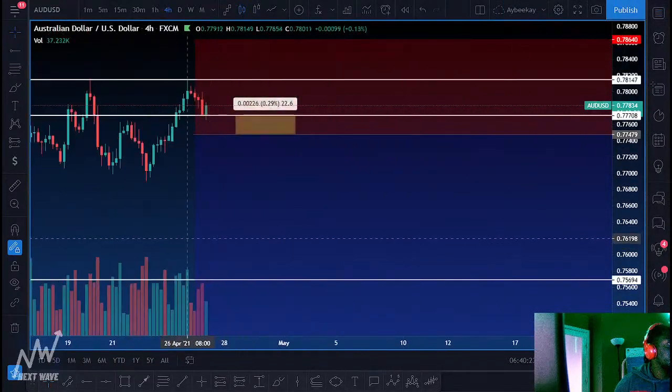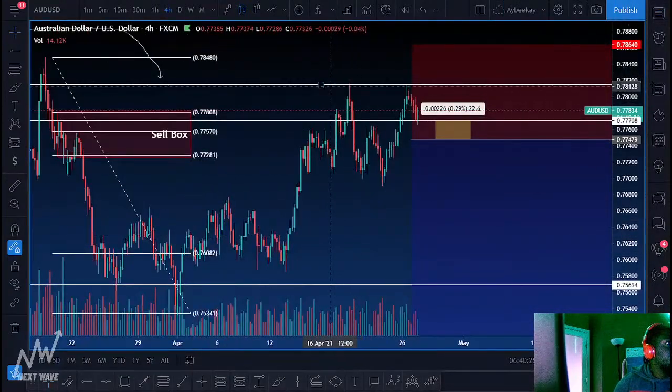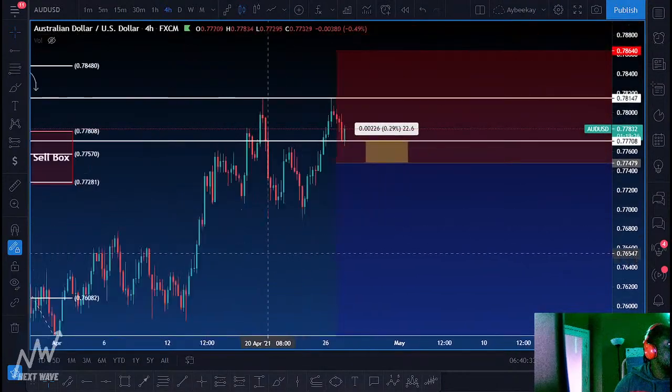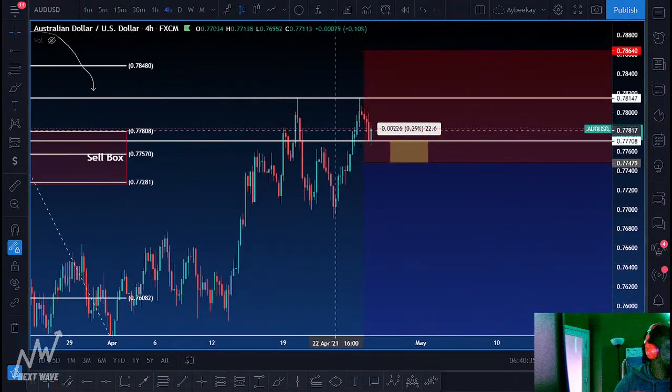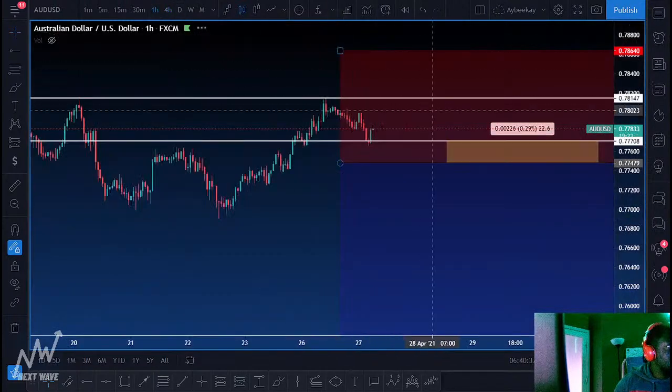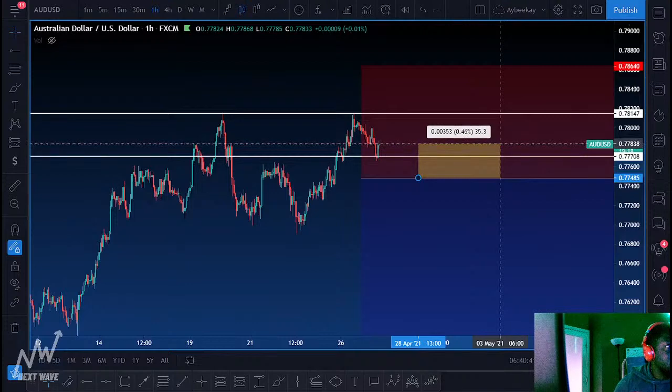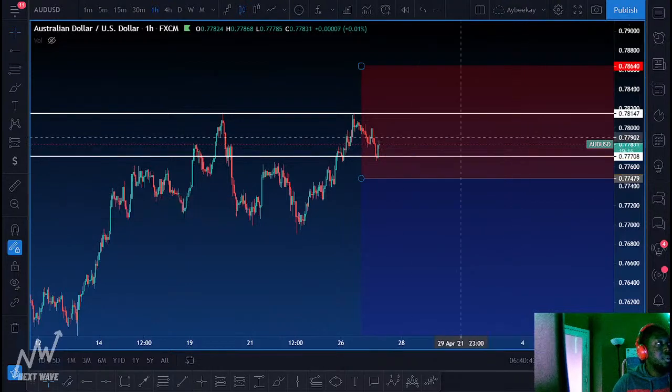AUDUSD. So AUDUSD came back up here, made a double top, and sellers came into play. Get rid of this volume real quick because it wasn't even high volume at this price. I didn't get into AUDUSD like I mentioned, and price is currently at negative 35 pips.